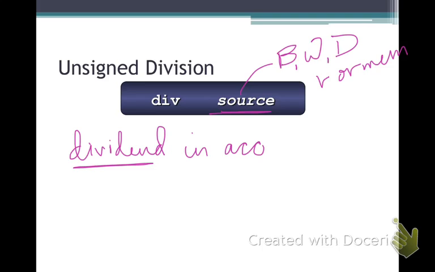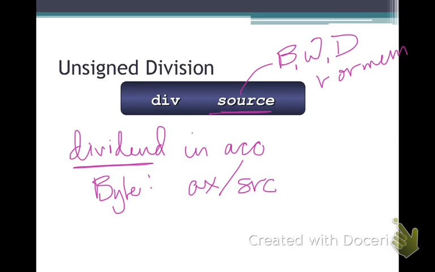Okay? All right, so let's talk a little bit more about the source and the dividend. If the source is byte, the dividend is word, and is assumed to be stored in AX. So in this case, source is byte, then we're going to do AX divided by source.